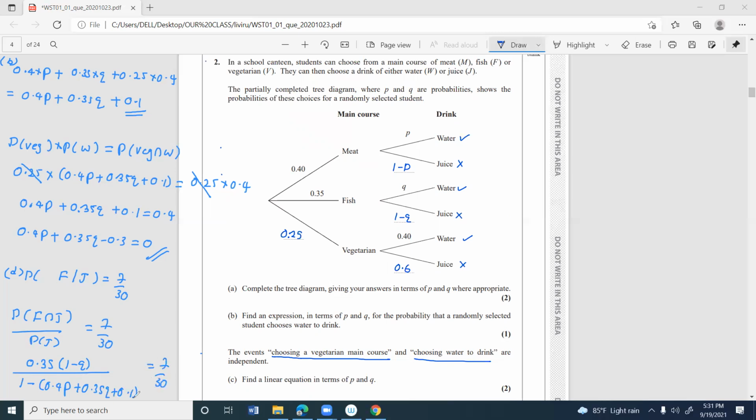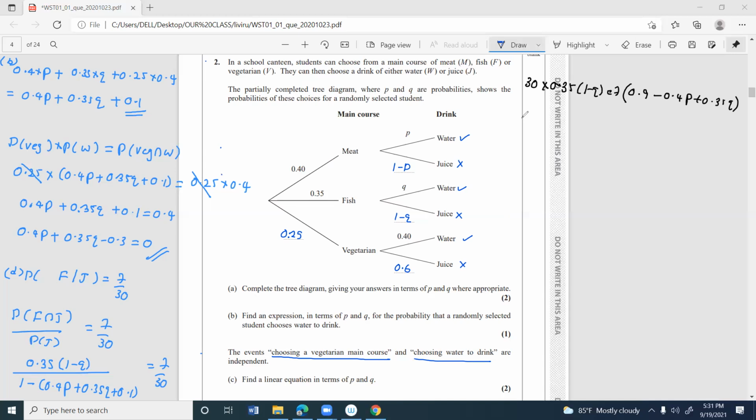Then I'm going to find another expression for this. I will initially cross multiply these two. It turns out to be 30 times 0.35 into 1 minus q is equal to 7 times, if you do this, 1 minus 0.1 is 0.9, 0.9 minus 0.4p plus 0.35q.